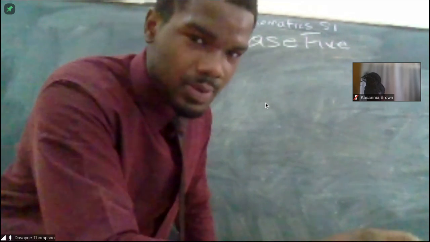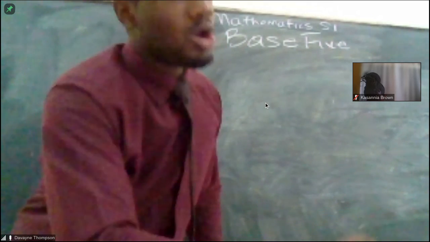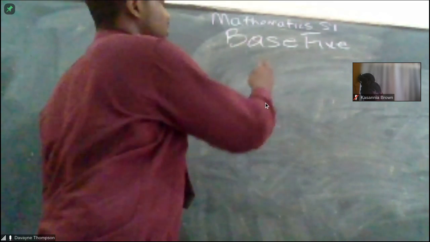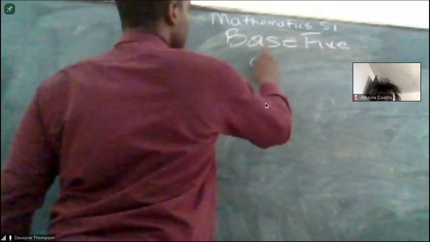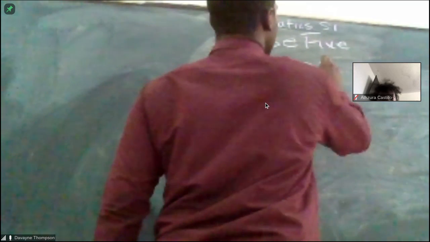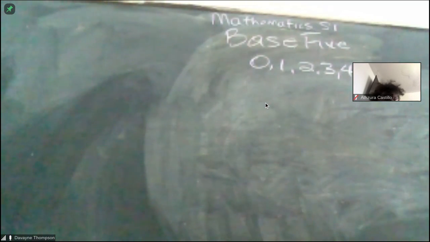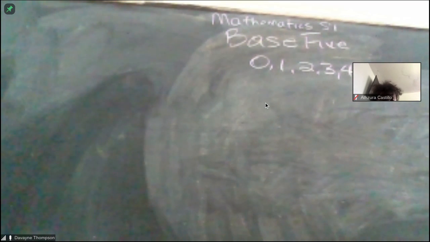For base 10, we're only allowed to use 0 to 9. What numbers do you think we're allowed to use in base 5? 0 to which number? 0 to 4. Excellent. That's right. So 0, 1, 2, 3, 4. Those are the only numbers that you are allowed to use under base 5.